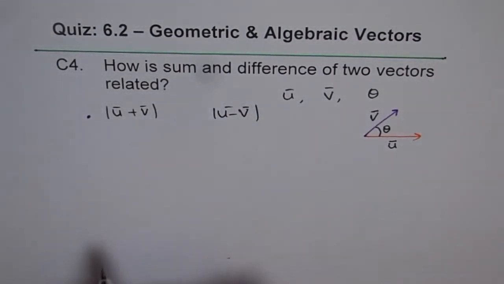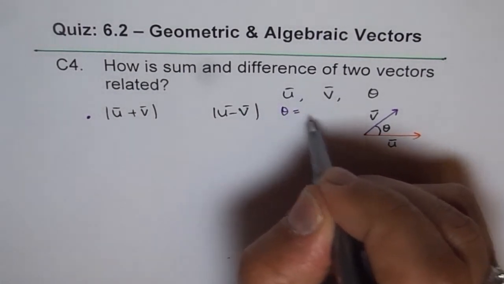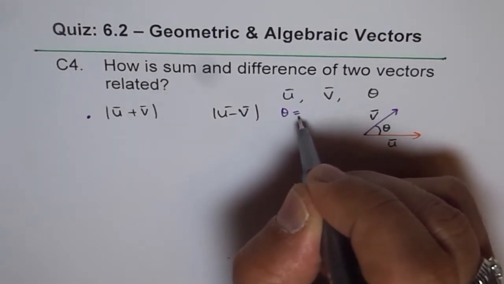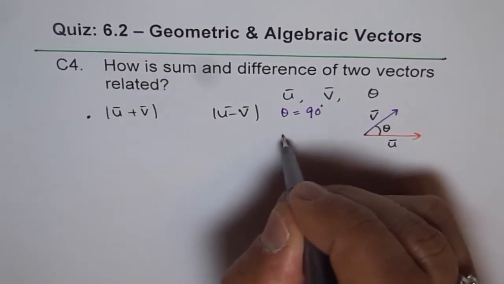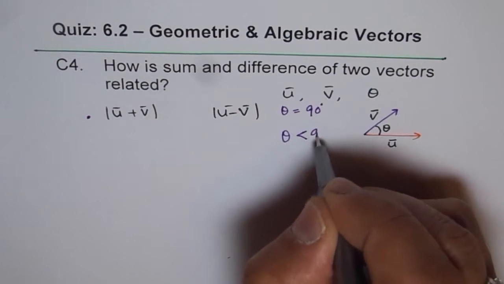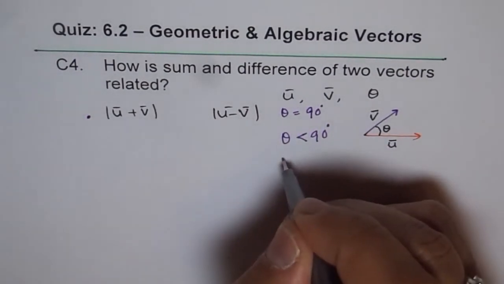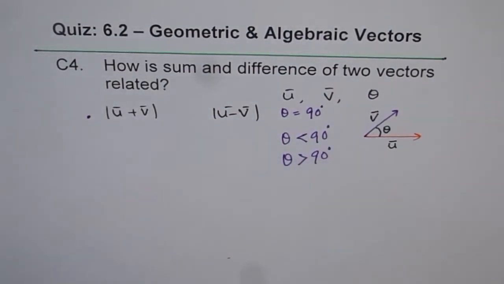Now, how are they related? If theta is 90 degrees, how are they related? If theta is less than 90 degrees, that means acute as shown here, how are they related? And if theta is greater than 90 degrees, how are they related?